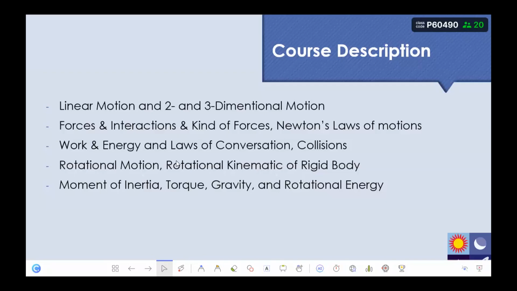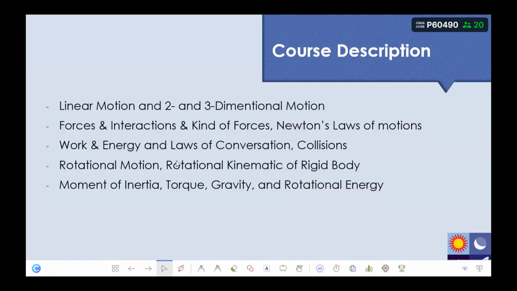But if you are planning to take the physics with calculus base, you will be learning linear motion in 3 dimensions as well. But here in this physics, we will learn linear or 1-dimensional and 2-dimensional motion of any particle.